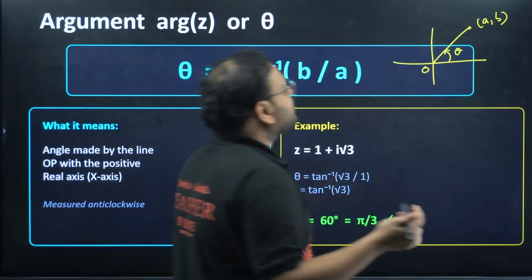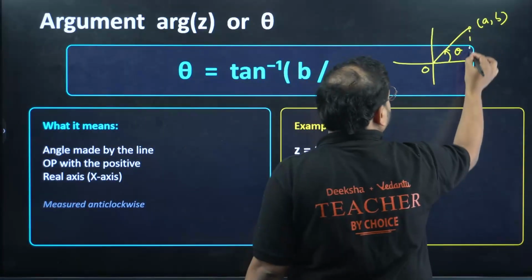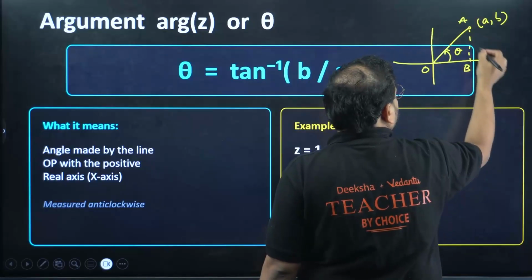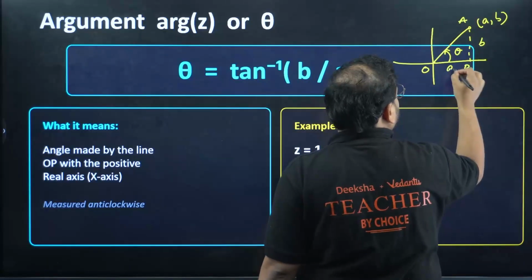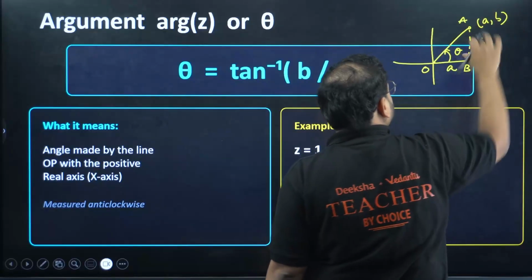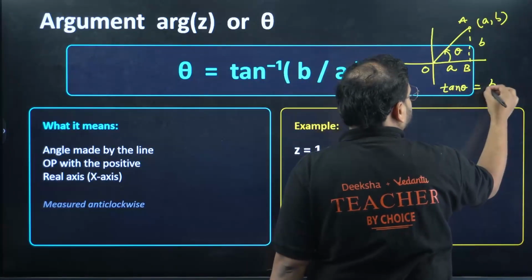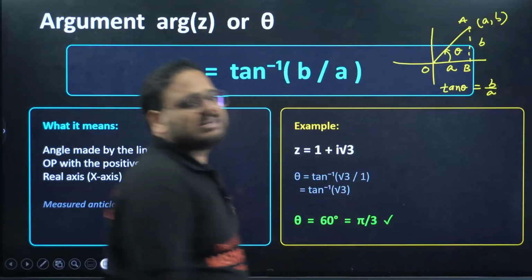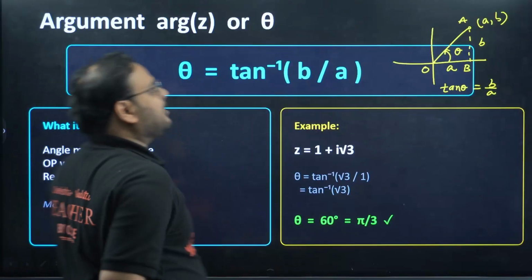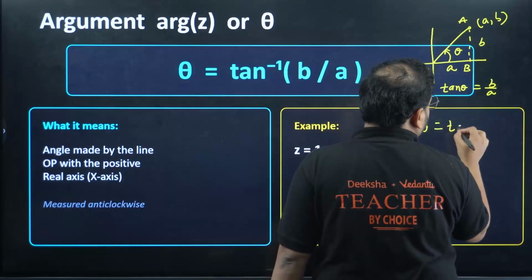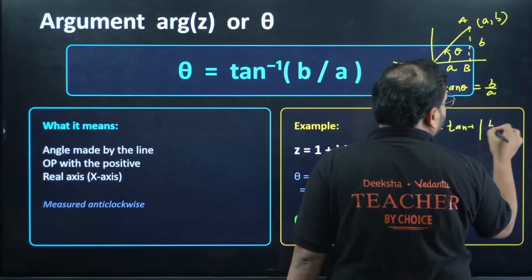And how do you find it? Of course, if you plot this triangle, let's say this is OAB, this value represents b, this represents a, because this is on the imaginary side and this is on the real side. So write tan theta as b by a. Theta becomes tan inverse of b by a. One more very important thing: you always take this as tan inverse of modulus of b by a.